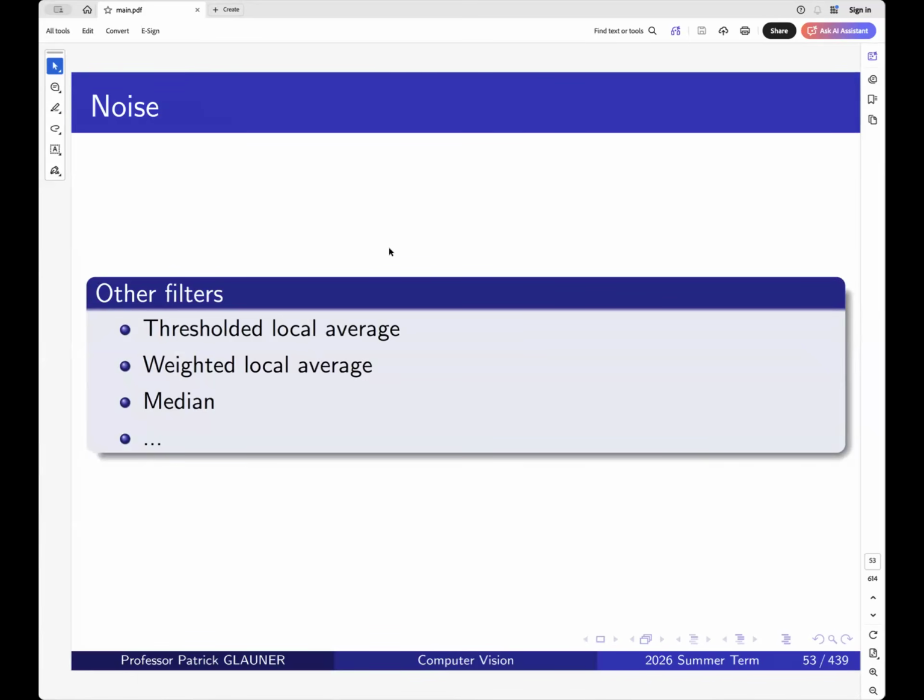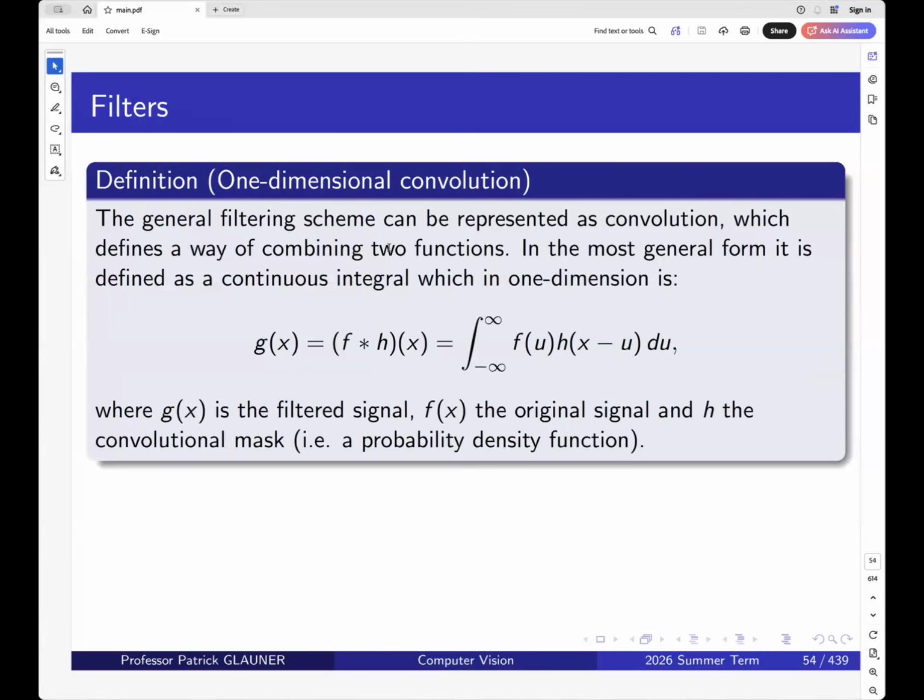The rest of today, we're actually looking at filters and we will generalize this a bit. What we will see now is a so-called convolution. This integral here, don't get scared. I'll say a few words about it in a moment. First of all, when we speak soon about filters, convolutions, kernels, maps, that's all the same thing for us. A convolution means that our general filtering scheme, we can represent as a convolution.